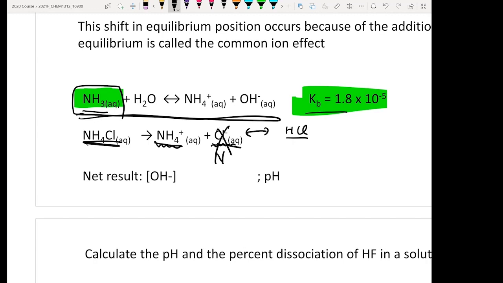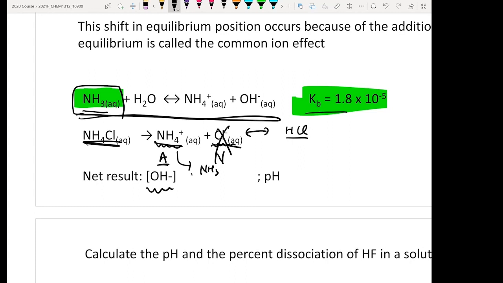What is NH4 plus? NH4 plus is a conjugate acid of a weak base, NH3. So you know you're actually throwing in an acid, even though it's a salt. You're throwing an acid into your solution, right? So once you throw the acid into your solution, what happens to your OH minus? Your OH minus will be consumed by the acid, right?